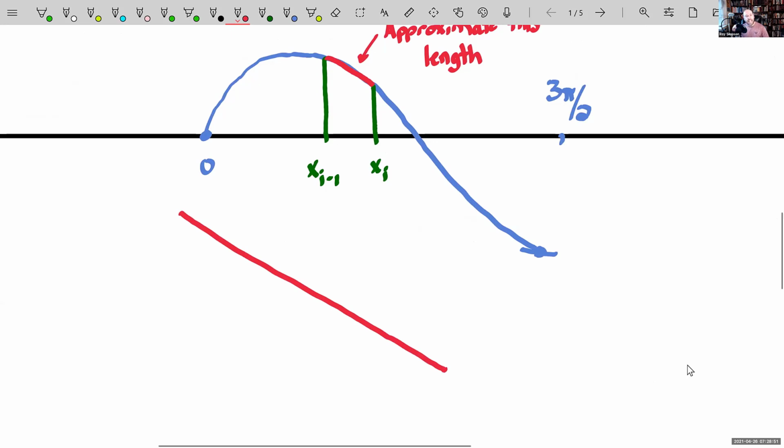And I get that slice, so this is the arc of the ith slice. I get that the arc looks more like a line. And I did that on purpose because if you take any curve and you zoom in close enough, it'll look like a line. It won't look like a curve. And so it gives us a pretty decent way of doing this.